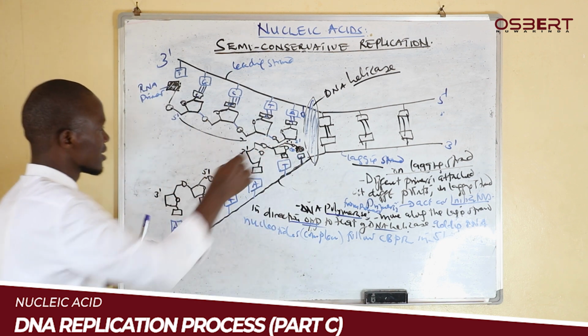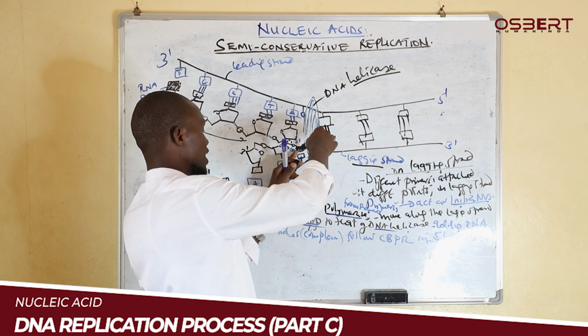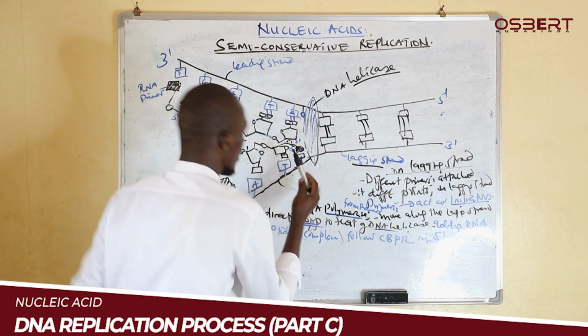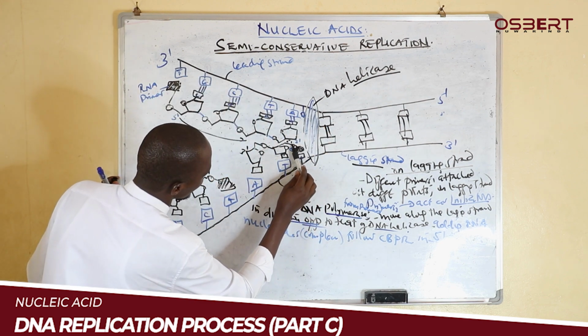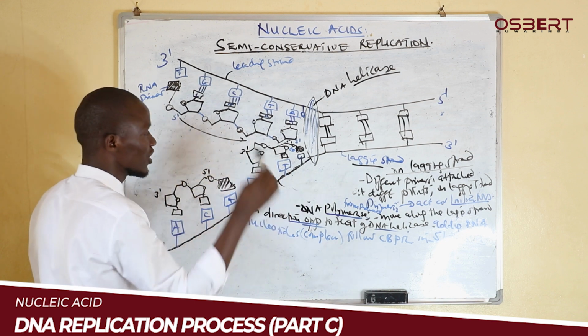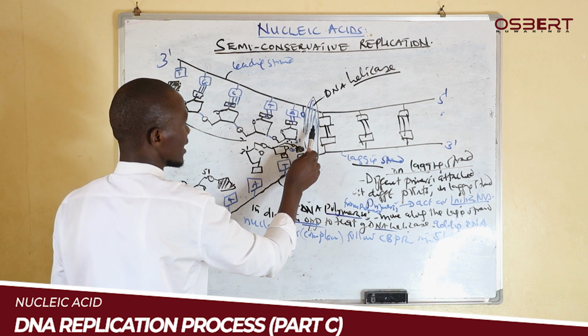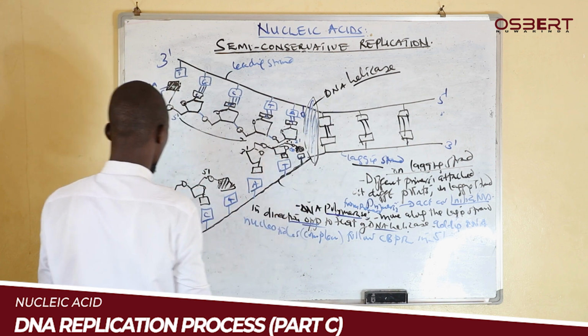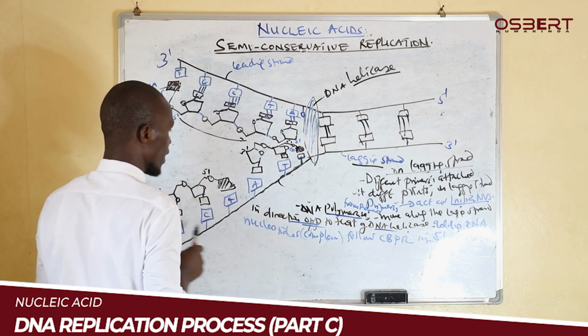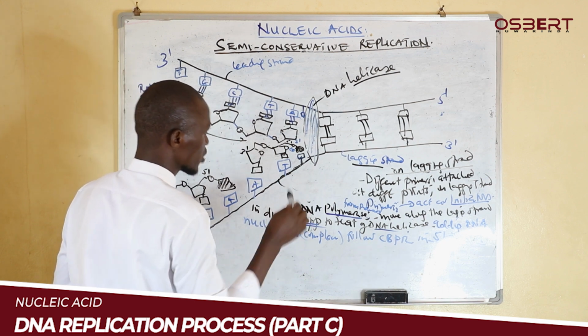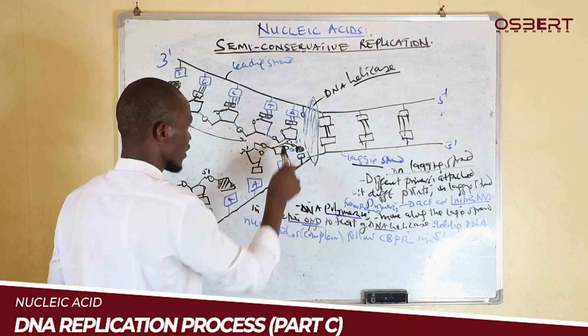But we are saying since the DNA polymerase is moving from the primer, coming this side like this, it means that though, when you consider how the DNA polymerase is moving, it is moving in a 3' to 5' direction, for the polymerase to do its work, it does it in a 5' to 3' direction.